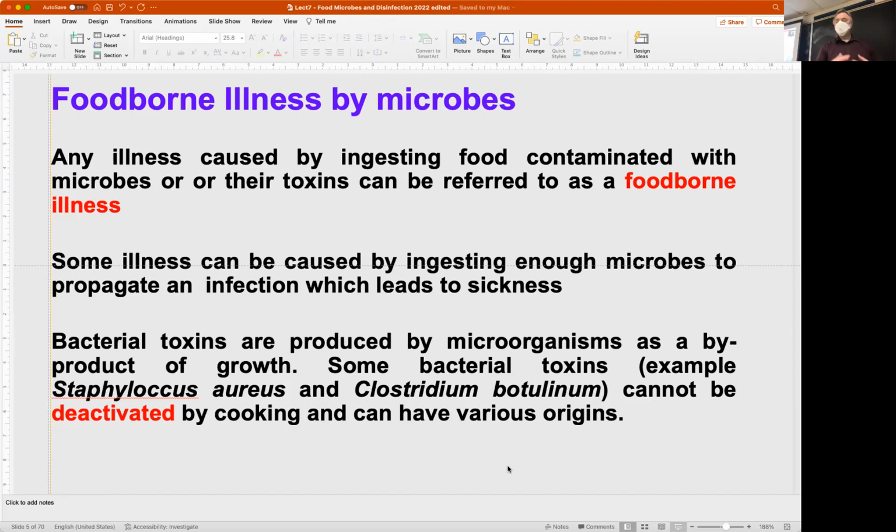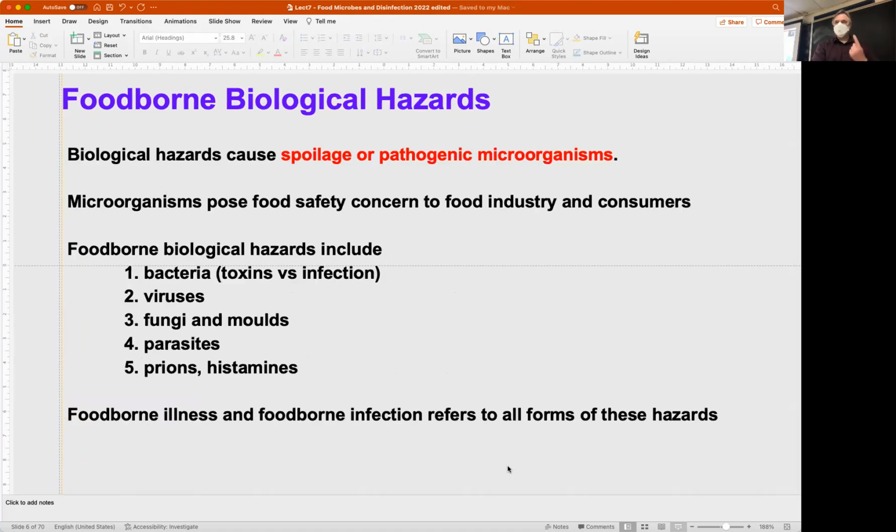If you take the bacteria, and the bacteria can be dead and not living at all, but their toxins are still there, and this is the case for Staph aureus and Clostridium botulinum, you can take in the toxins, and that's what gets you sick. So I'll talk about E. coli and botulinum as being caused by toxins, and I'll talk about Listeria, which causes an infection that is caused by the bacteria.